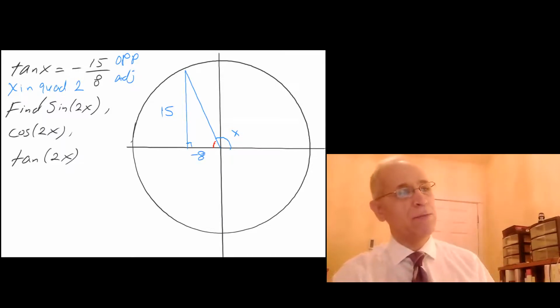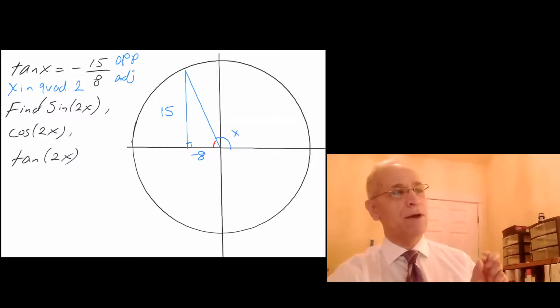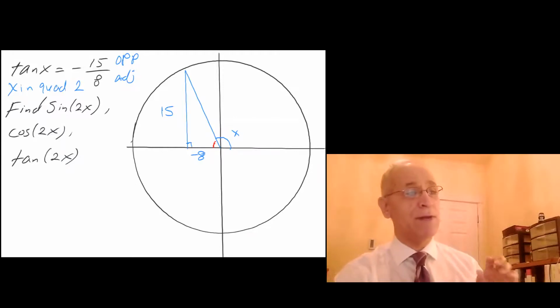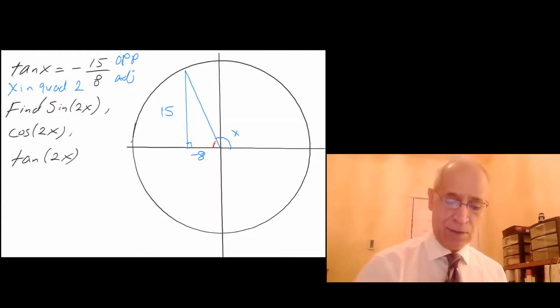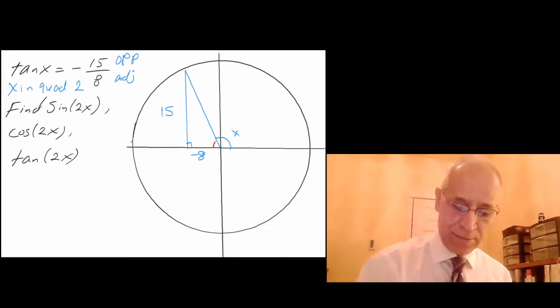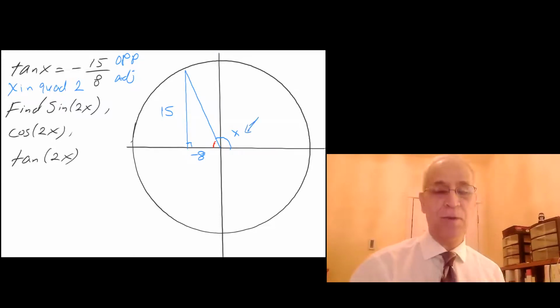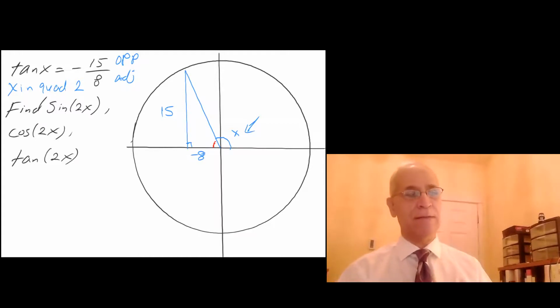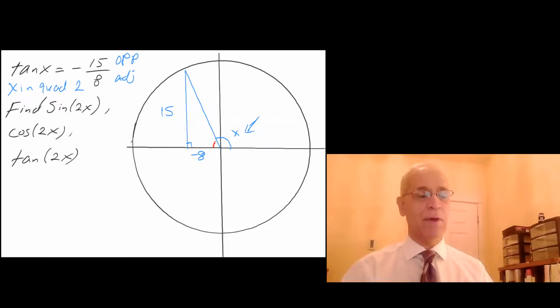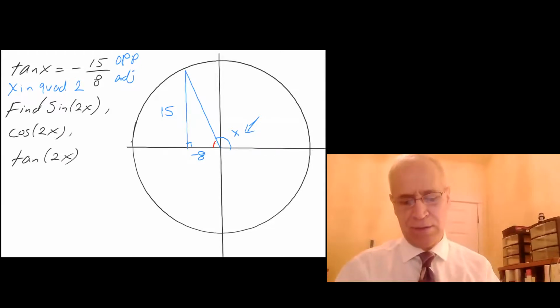Now, remember that we are finding the sine of 2x, cosine of 2x, and tangent of 2x. Doubling the size of this x, I'm going to fall into approximately the third quadrant, towards the end of the third quadrant.